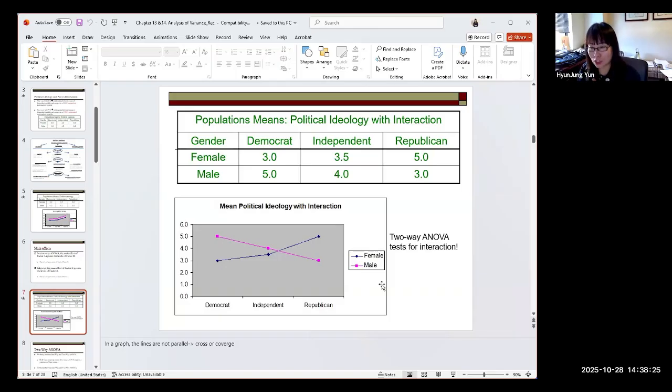So there is an interaction. If that is part of your important research question, then you should go with the multi-factor ANOVA rather than all separate one-way ANOVAs. So the main reason for doing multi-factor ANOVA is that you want to find that interaction. You got that? Okay, so that is the purpose.